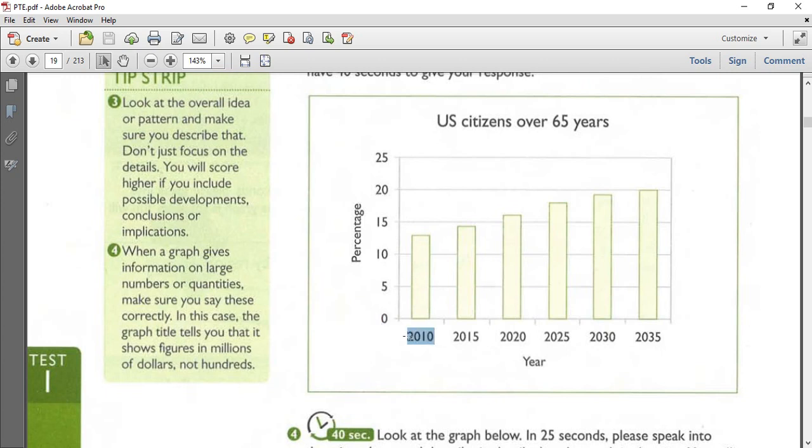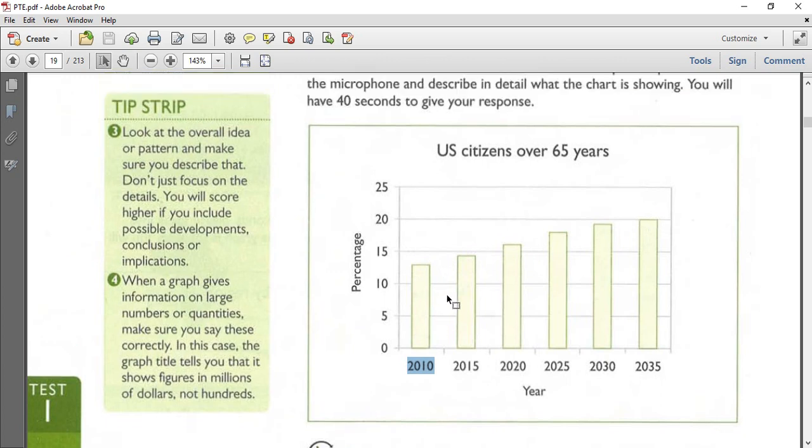Okay, so for the overall trend, we can see that the graph is increasing gradually from 13% to around 20%, and there is no drop.